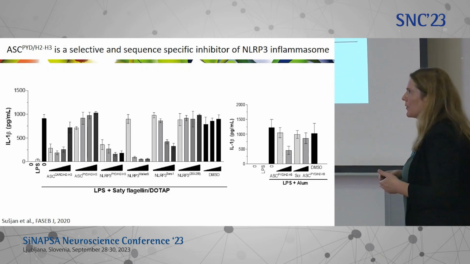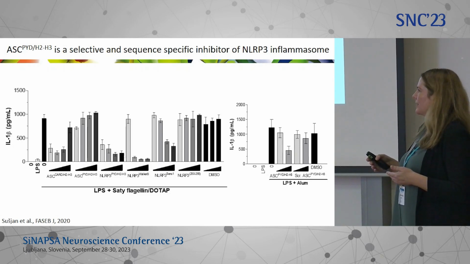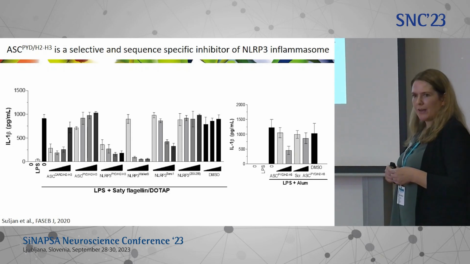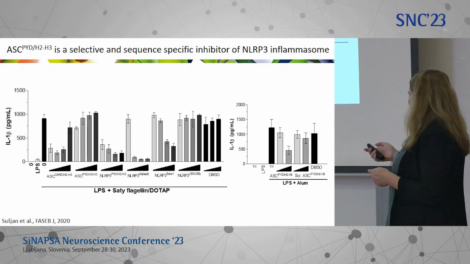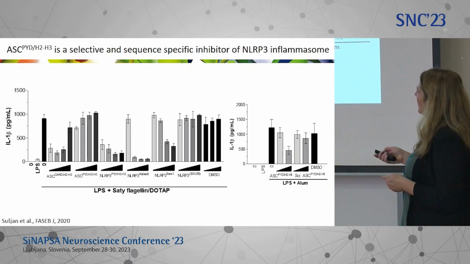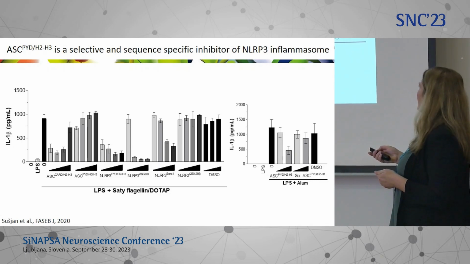NLRC4 responds to intracellular flagellin or type 3 secretion system proteins. And we also tested AIM2 inflammasome that responds to double-stranded intracellular DNA. So basically, only one of the peptides, that surprisingly originated from ASC, was specific for NLRP3 inflammasome.